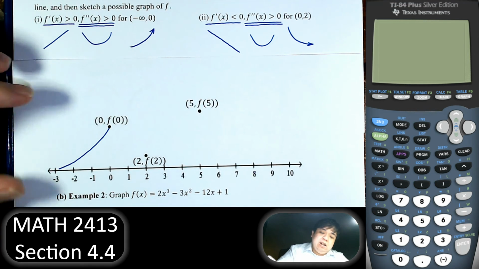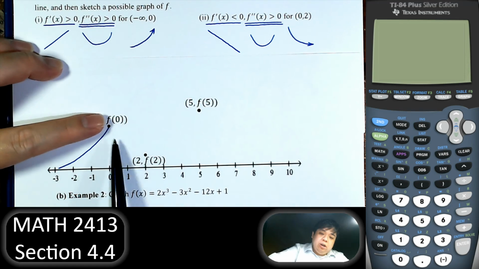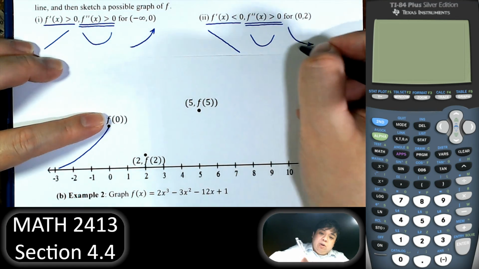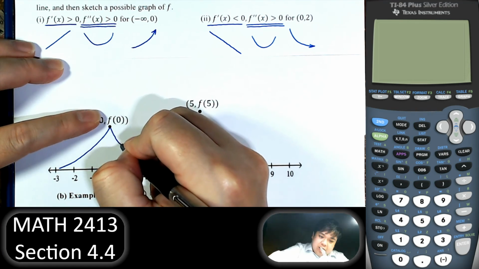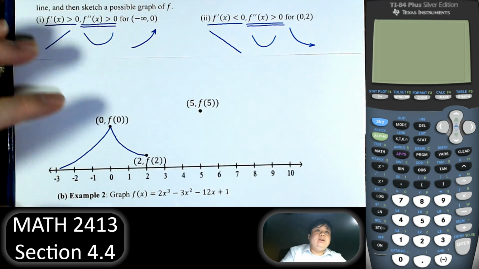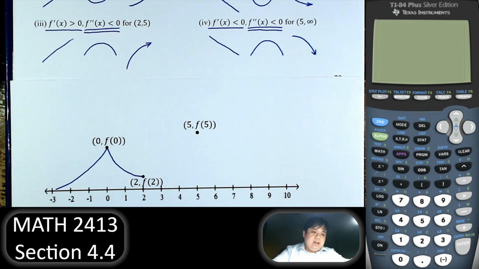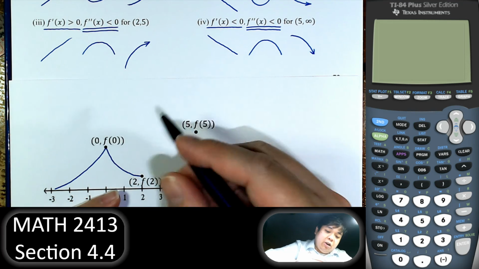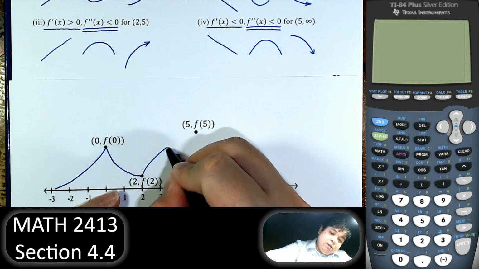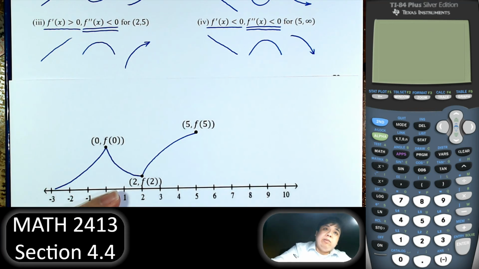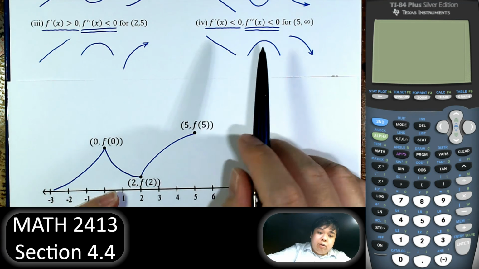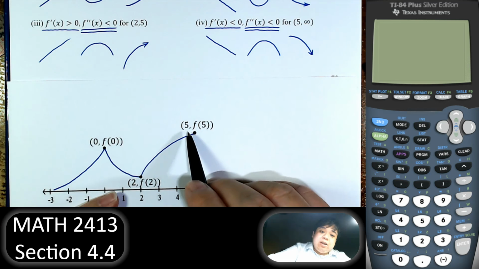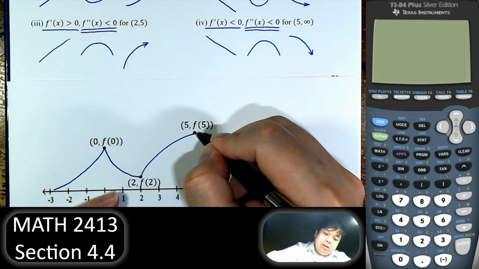After that, from 0 to 2, it goes like this, so just copy and paste that portion of the graph. After that, from 2 to 5, increasing and concave down. And then from 5 to infinity, decreasing and concave down.